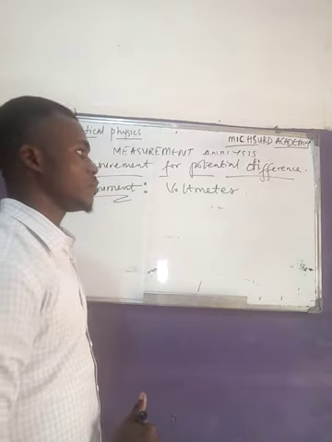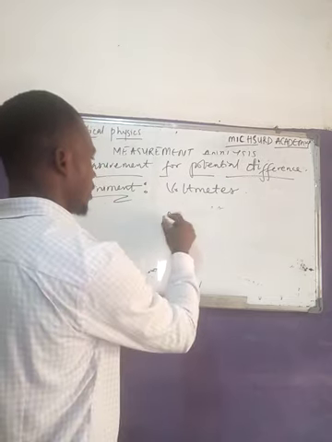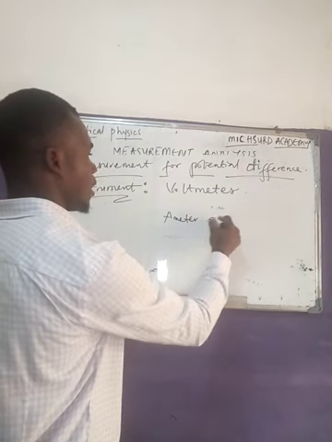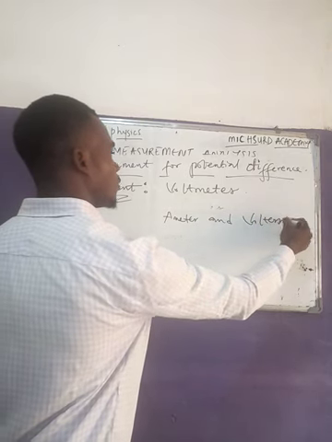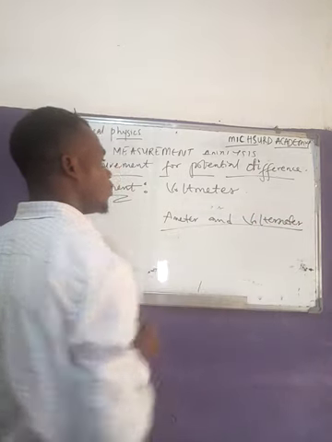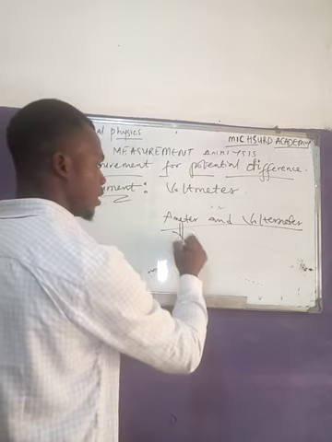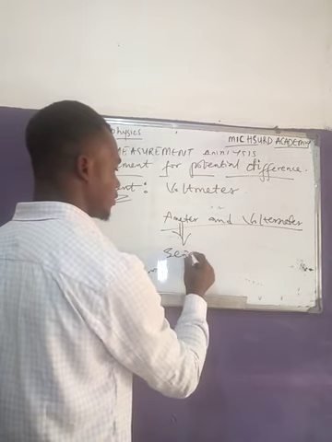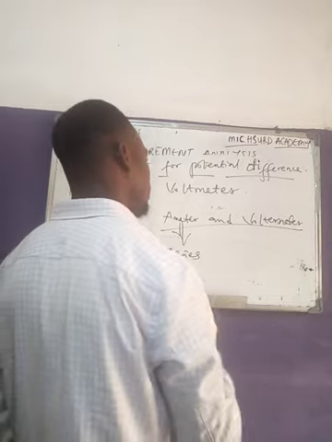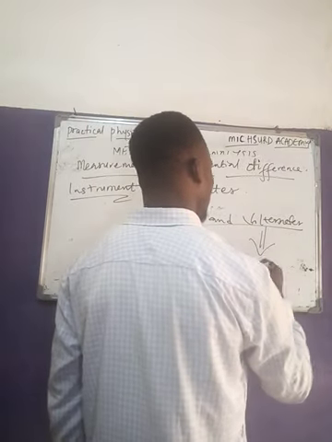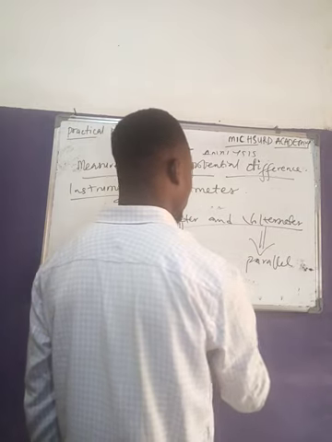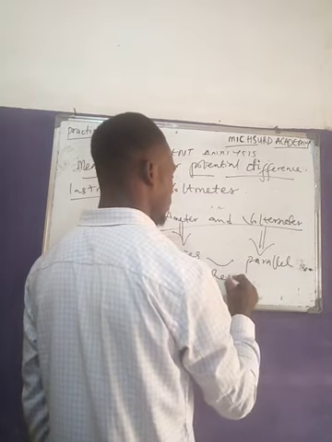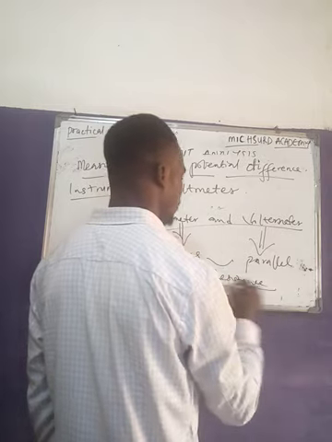Most times for the ammeter and the voltmeter, we normally place the ammeter in series in a circuit and the voltmeter parallel to the resistance of that circuit.